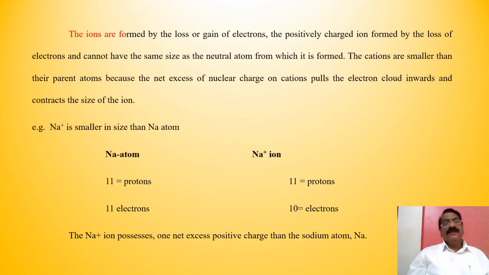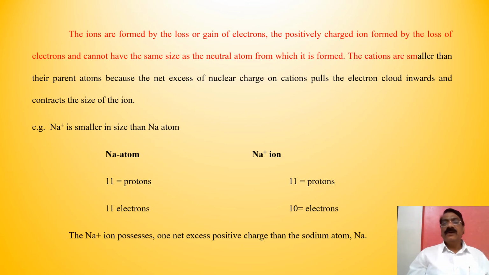The ions are formed by the loss or gain of electrons. The positively charged ion is formed by the loss of electrons and cannot have the same size as the neutral atom from which it is formed.